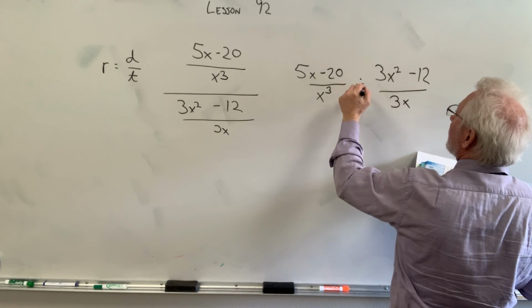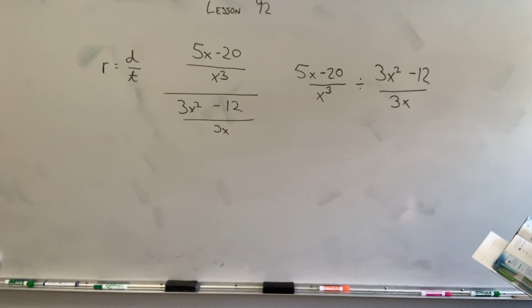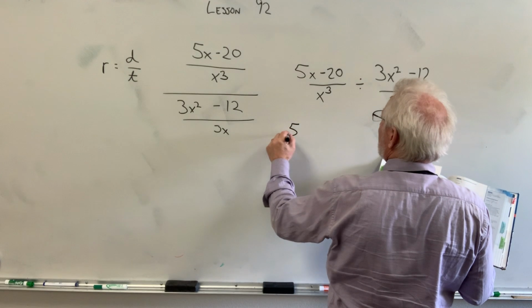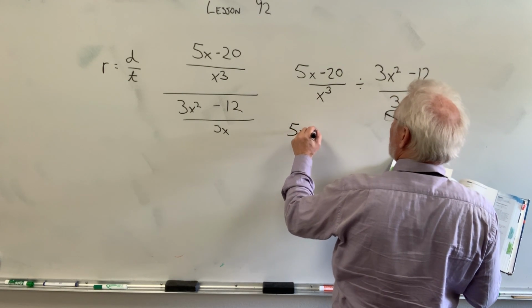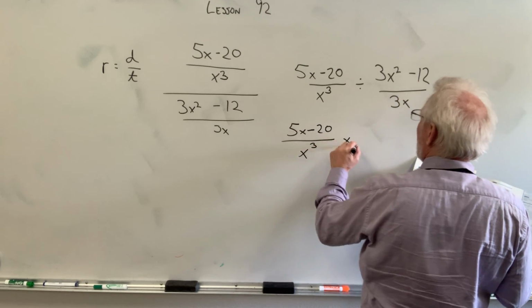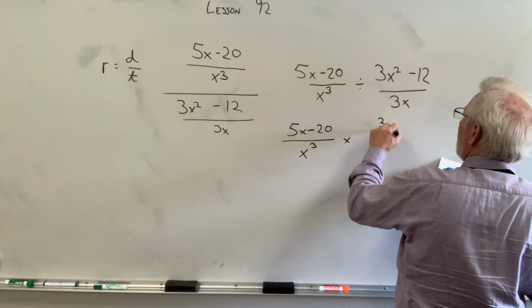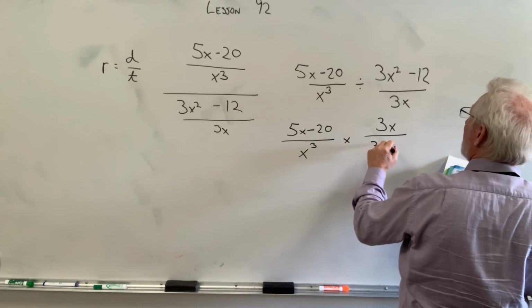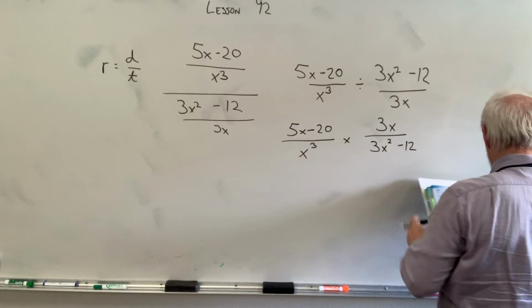Actually, that's not minus, that's divide right there. Now, of course, we don't divide. We will multiply by the reciprocal, so we get (5x minus 20) over x cubed times 3x over (3x squared minus 12x).